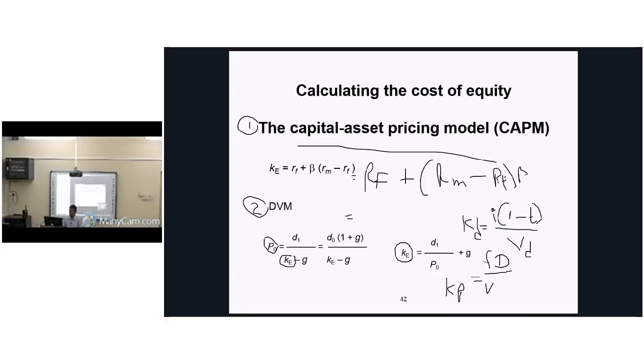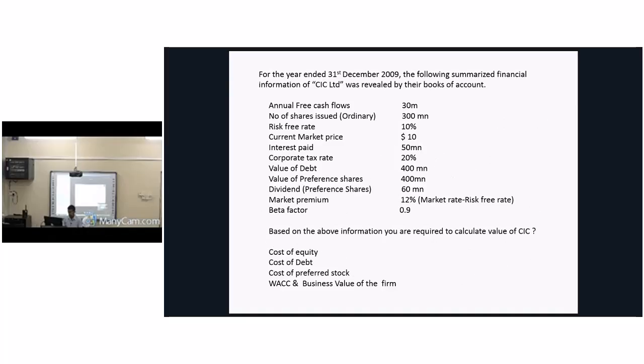The value of the debt you can arrive at from the balance sheet and find the cost of debt. Sometimes in the annual reports, it's specifically given that we have taken this loan at this interest rate. So you can apply it for your calculation if that's the case. Or else we need to calculate that as well. Right, so with all that knowledge, let's quickly do this question so that we have applied all this.